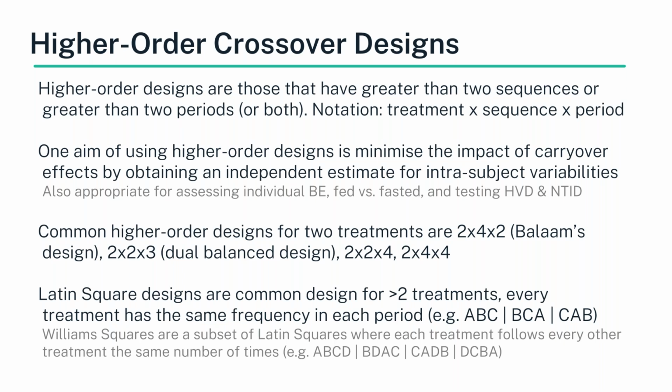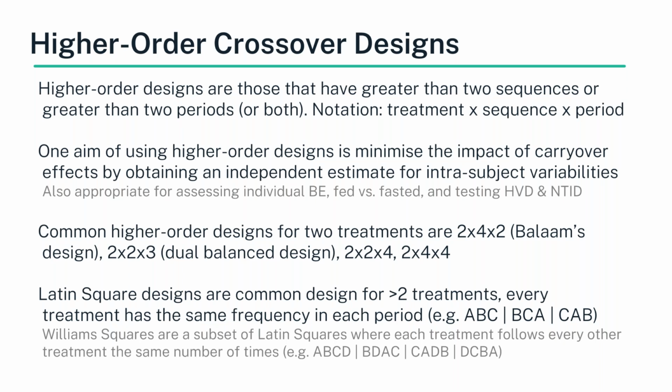In the 2x2 design there's no replication, so it's not possible in that study design to get unbiased estimates for the intra-subject variability, and so it's just not suitable at all for use of individual bioequivalence.